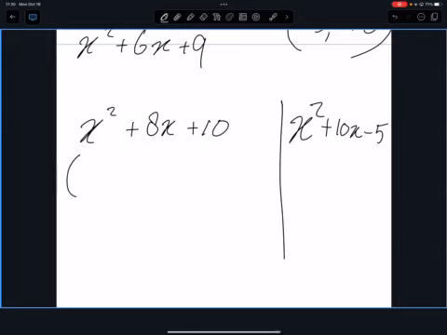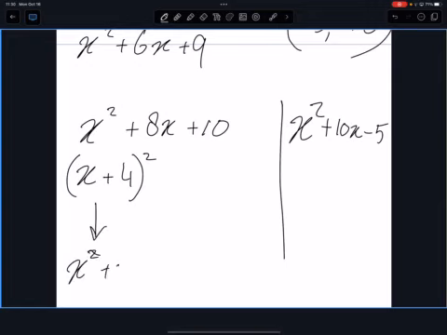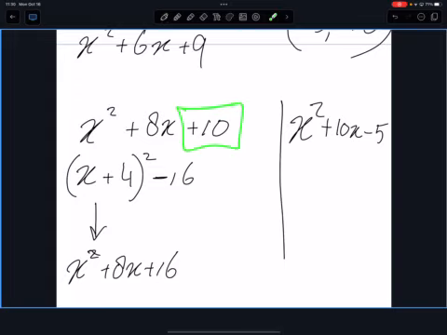So what is completing the square? x. You take half of 8, which is 4, squared. And you know x plus 4 squared equals what? x squared plus 8x plus 16. So you subtract that 16, which you do not need, and then you add the 10 from the equation back.